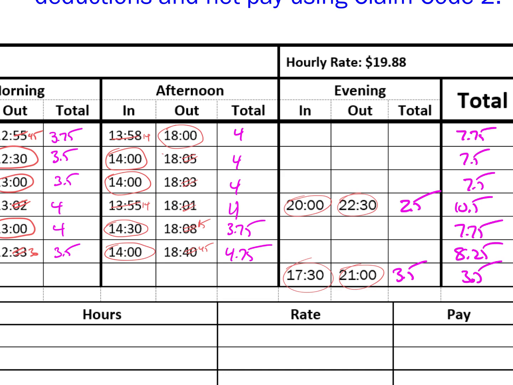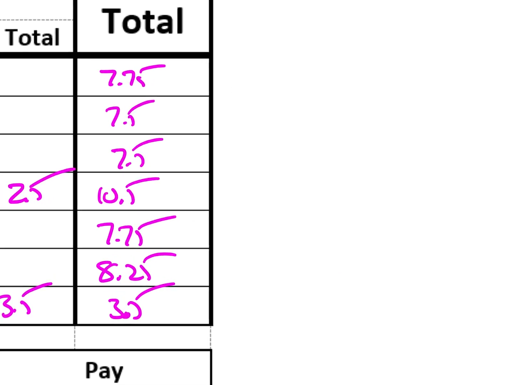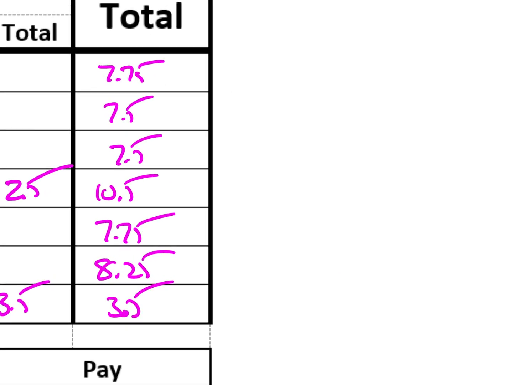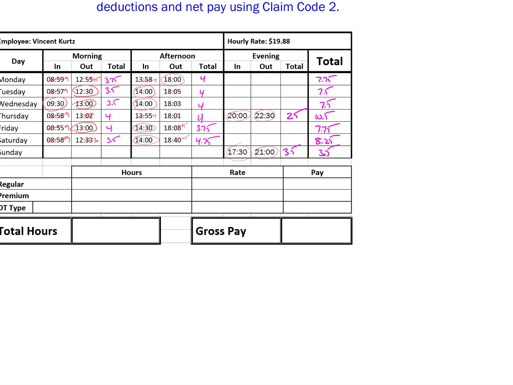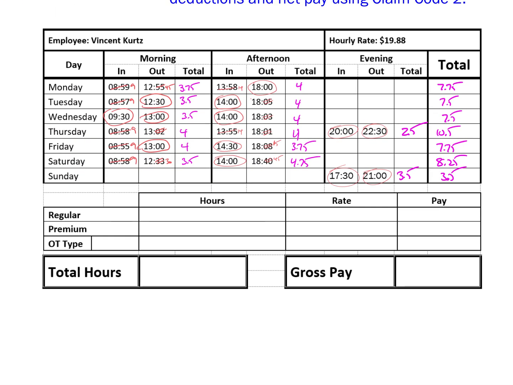And then we have to figure out what the sum of those numbers is. 15.25, 22.75, 33.25, 41, 49.25, 52.75. So we end up at 52.75 hours.